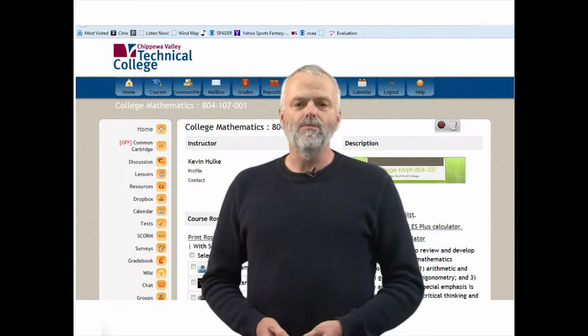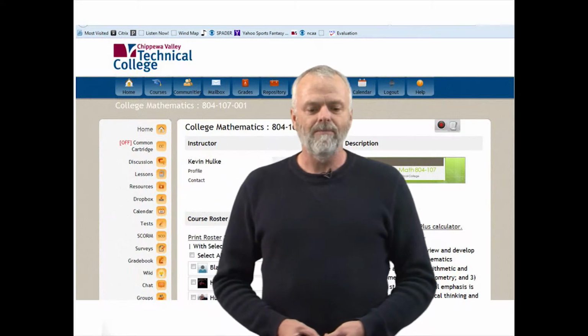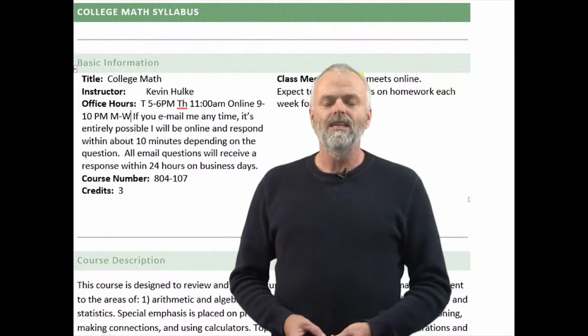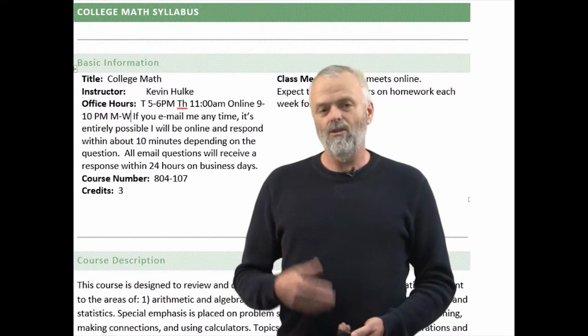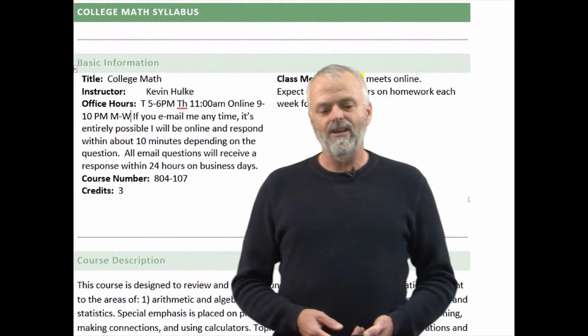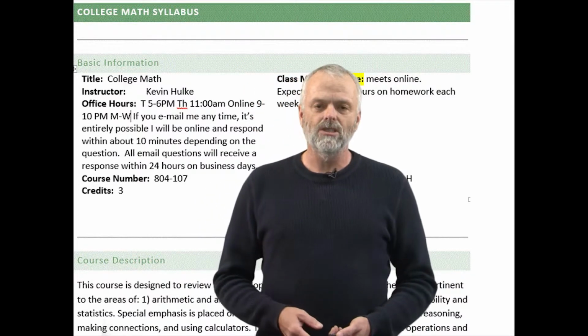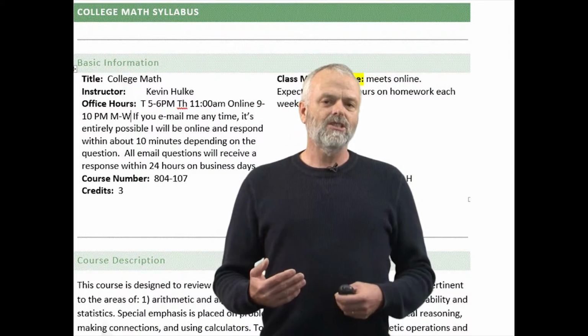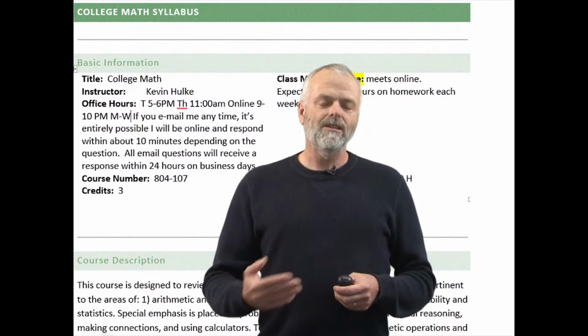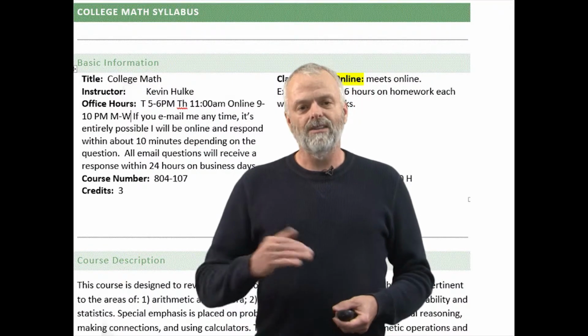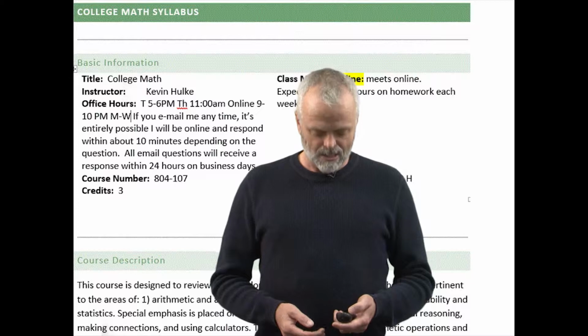But let's say that you pressed the syllabus button. When you press the syllabus button, you will see the Word document that I have made available for you for the syllabus, and it will have the information about the course available for you. The syllabus is kind of like a contract between you and me, the things that I promise to do and the things that you agree to do as a student in this course.